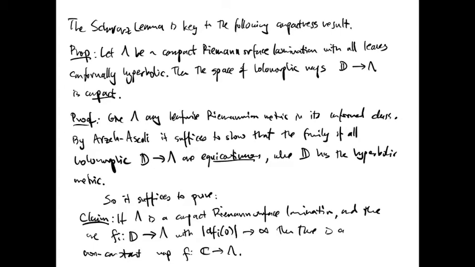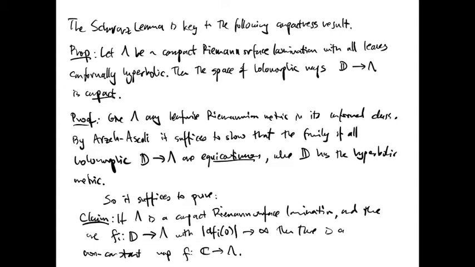Give lambda a leafwise Riemannian metric in its conformal class. The lemma we just proved shows that a continuous limit of a sequence of holomorphic maps is holomorphic. So it suffices to show that the family of all holomorphic maps from the unit disk to lambda are equicontinuous, where D has the hyperbolic metric.